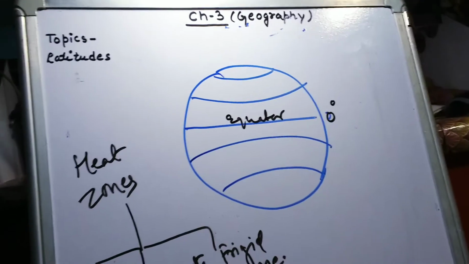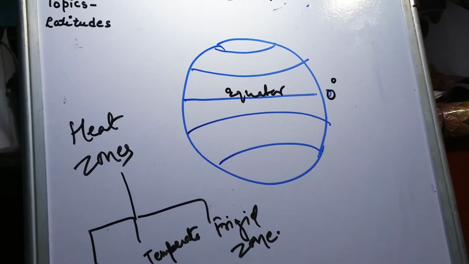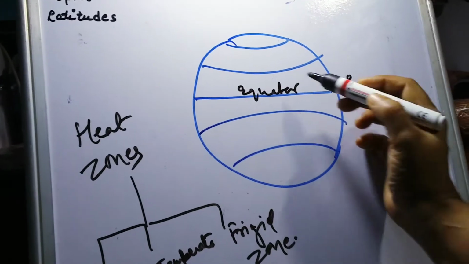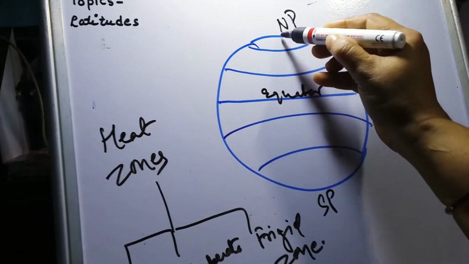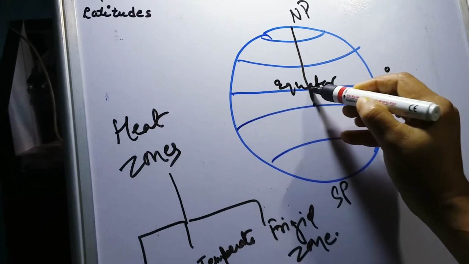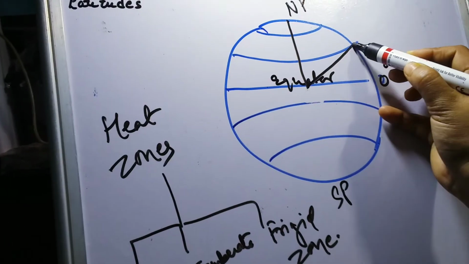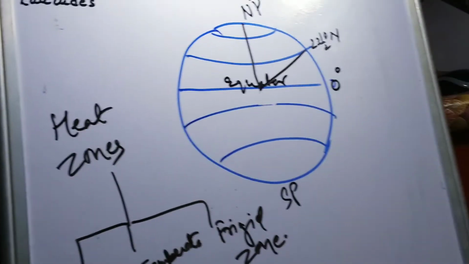So you will see in your book on page number 22 that the earth is inclined at 23.5 degrees. This is your 90 degree North Pole and this is the South Pole. So it makes an angle of 23.5 degree north, right?